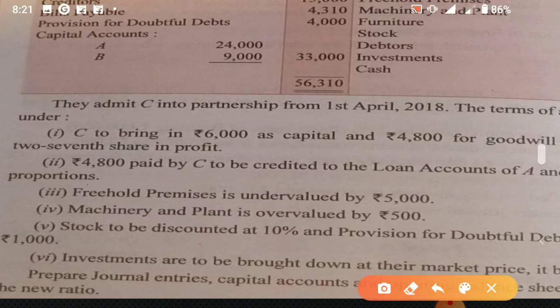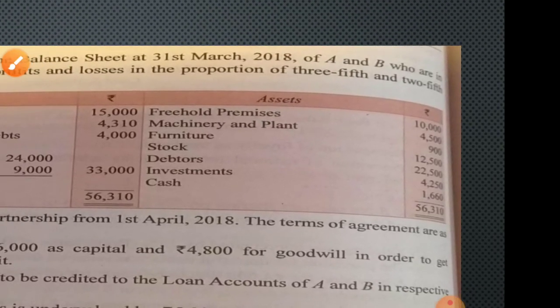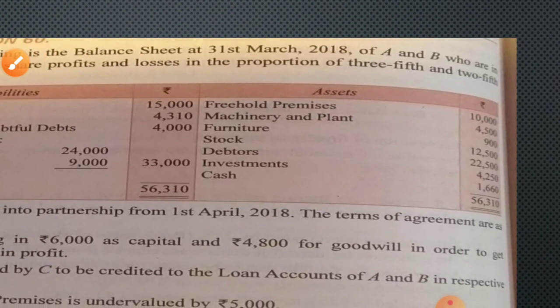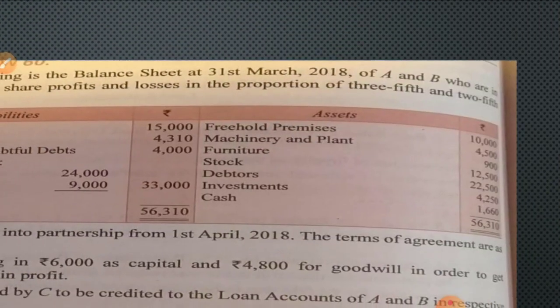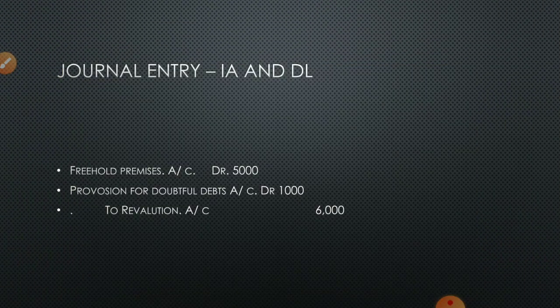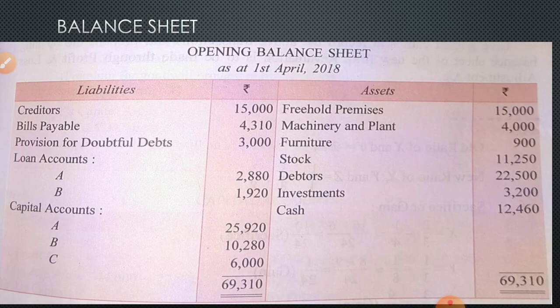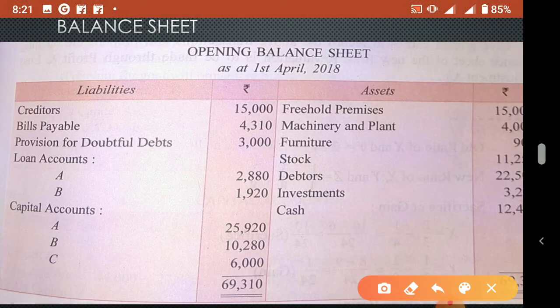How much? Undervalued by 5,000. Undervalued means by mistake it was decreased, so now we add it back. So the new value of freehold premises will be this 10,000 plus 5,000. Like that, for each and every item written in the revaluation account, just see there and make changes. So freehold premises becomes 15,000. Understood?